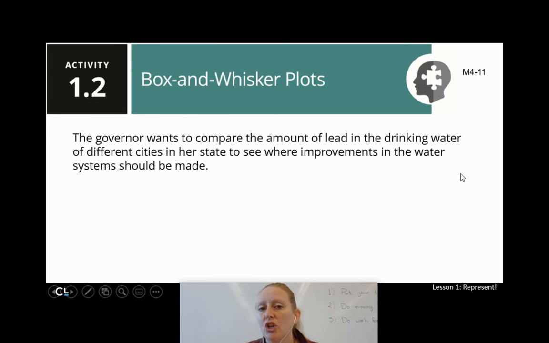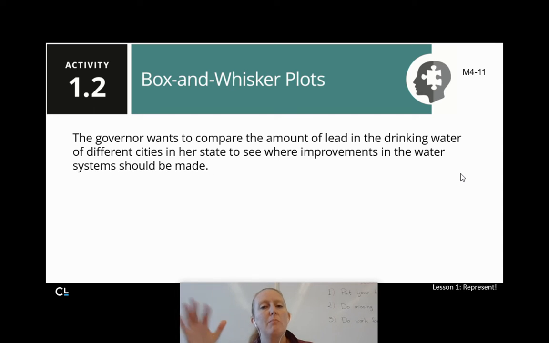So the governor has now gotten involved, right? We know last time the mayor of Greenville was like, oh my gosh, we have way too many sites over the levels. We have to do something about it. So the governor wants to compare the amount of lead in the drinking water of different cities in her state to see where improvements in the water system should be made. So we know Greenville's got a problem.